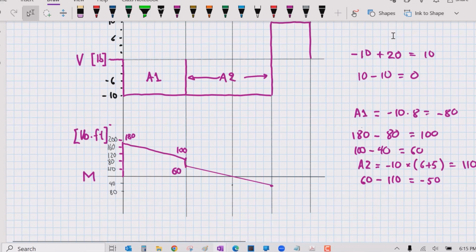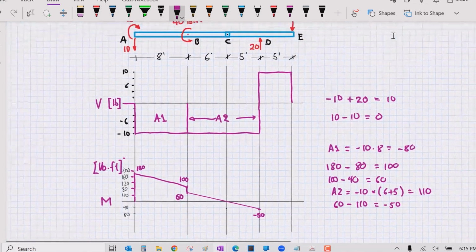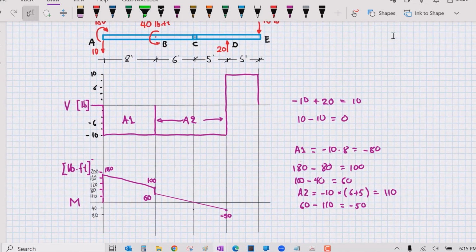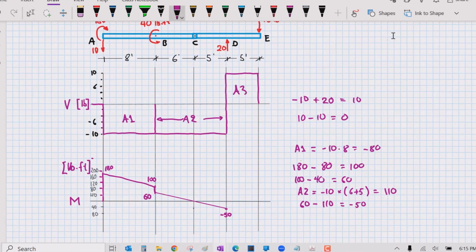Okay, so this will be your minus 50. And now you go up, this area 3. Area 3 equals 10 times 5, 50. So 50 minus 50 plus 50 equals 0.